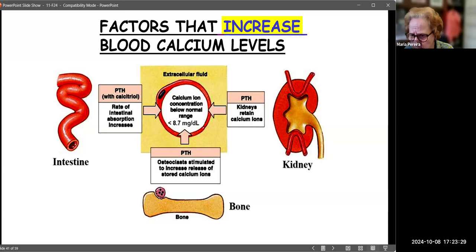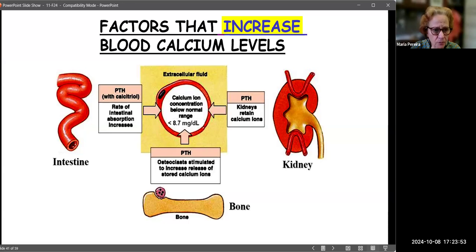So PTH and calcitriol help the calcium found in the gut lumen be reabsorbed into the blood. Yes, but I would take out reabsorbed, because whatever is in the gut is there because we ingested it. It comes with the food, right?